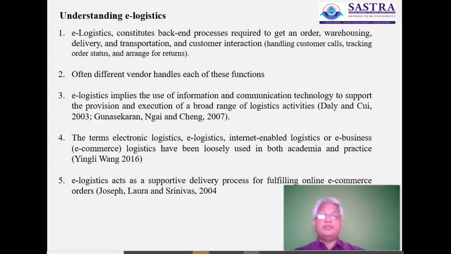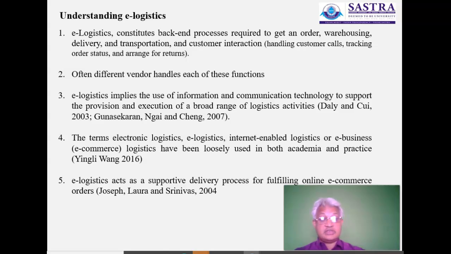So next part is, well, all these activities become so voluminous and very intricate, and there are a lot of ambiguities and uncertainties here in how best and efficiently to manage them. It is often handled by different sets of companies. Warehousing is handled by a different company, transportation is handled by a different company, and customer interaction can also be outsourced.